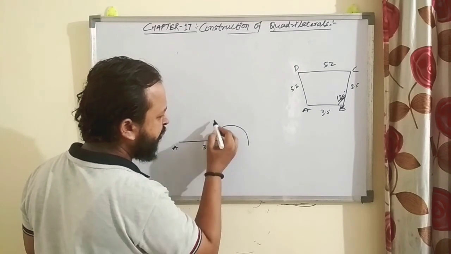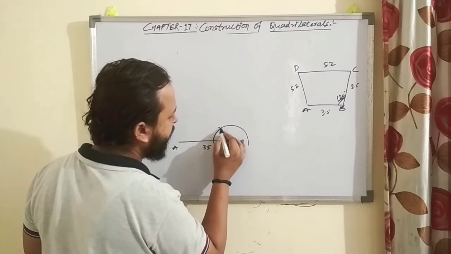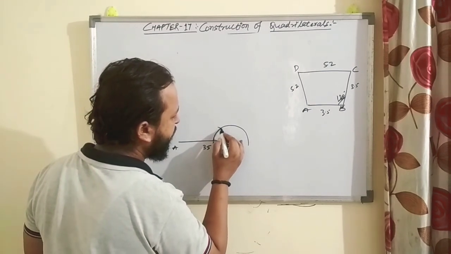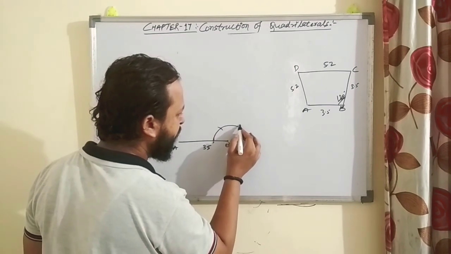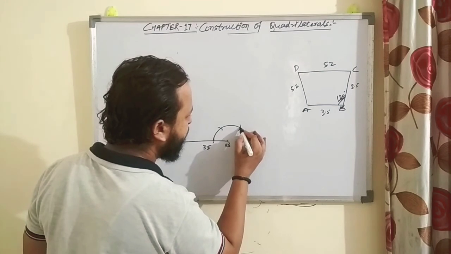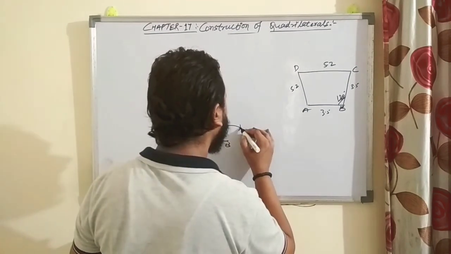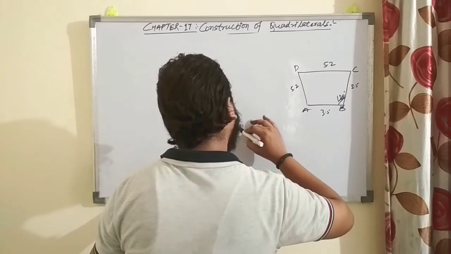This angle is 60 degree. Now take this point as a center, draw another arc. So this point is 120 degrees. Draw a line.